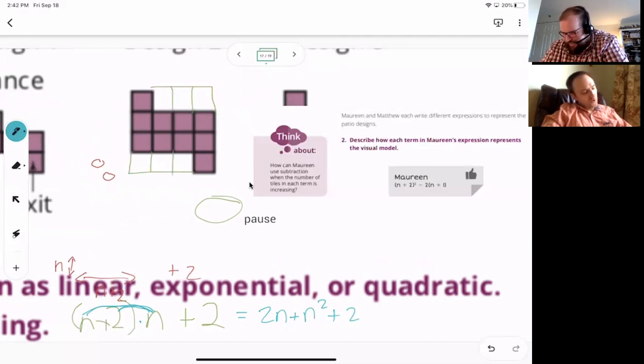And so she took the n plus 2 and n plus 2, and she had to multiply those for area, because this was the n, so n plus 2, and the n plus 2. So n plus 2 squared is the area of that whole square. And then she's subtracting out the parts I drew in.